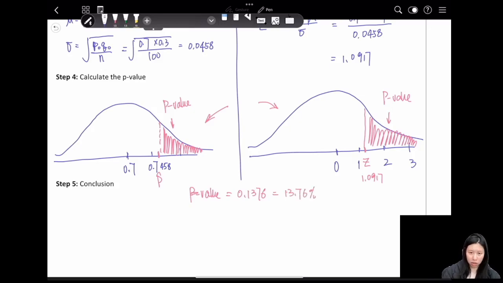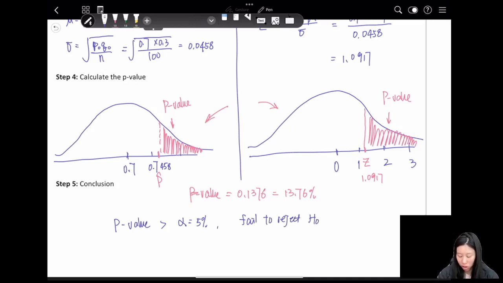So we have our p-value of 13.76%, which is greater than our alpha, which is 5%. And since it's greater, we fail to reject our null hypothesis, and there's not enough evidence for the alternative hypothesis.